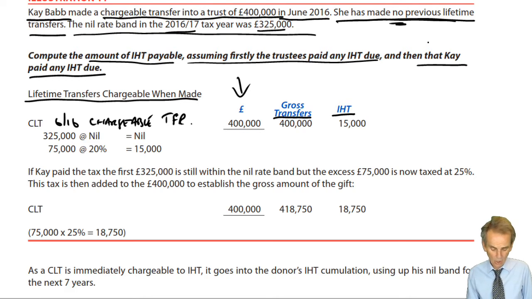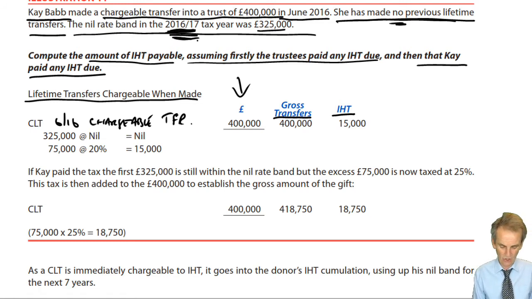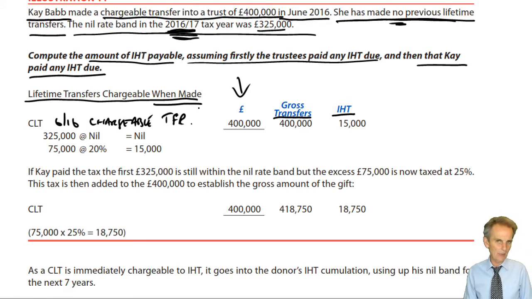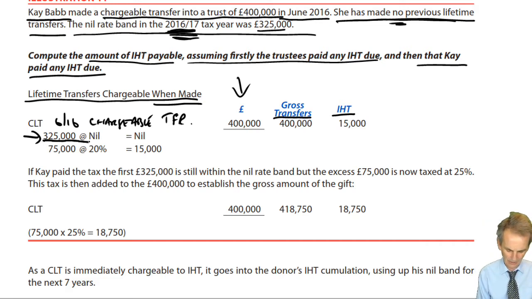So it means that the whole 325,000, the nil rate band available in the 16-17 tax year, remember this was chargeable when made. We didn't know in 2016 that come the 19-20 tax year we'd still have the same £325,000 nil rate band. So you use the one there. There'd been no CLTs in the previous 7 years. Therefore, all of the then available nil rate band, 325,000, is available.